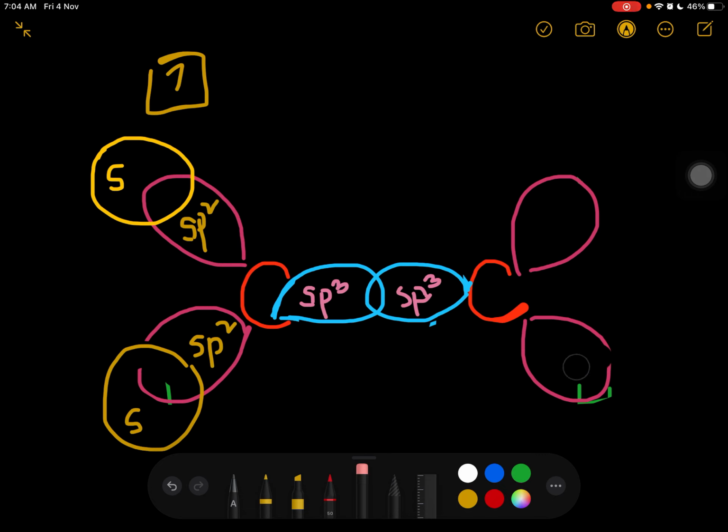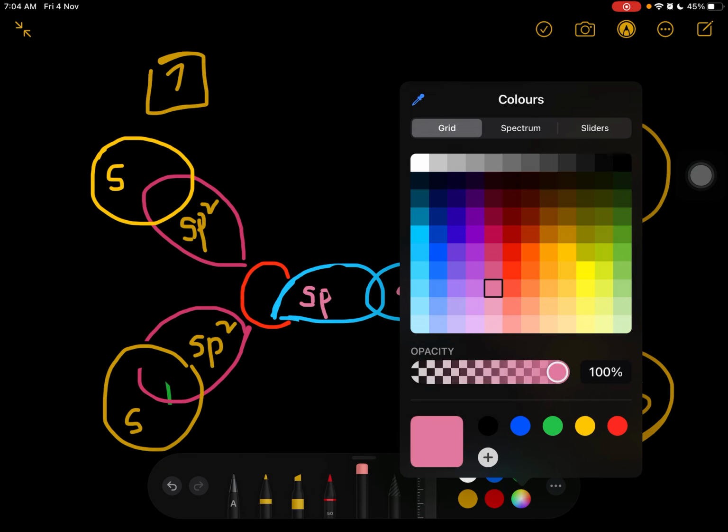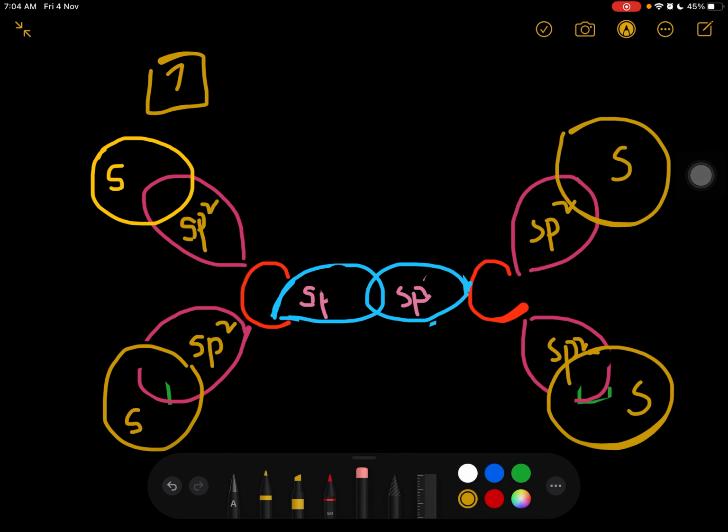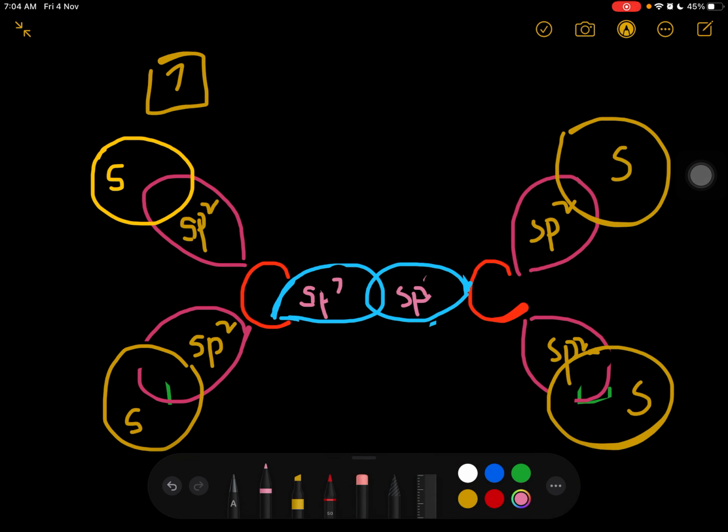You can easily write s for hydrogen, and sp2 and sp2 for the carbons. I had written sp3 here, but it is sp2.